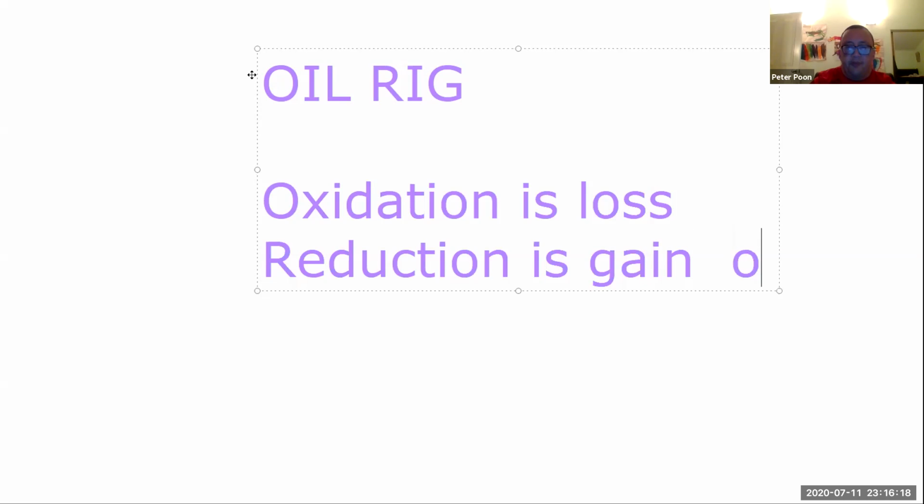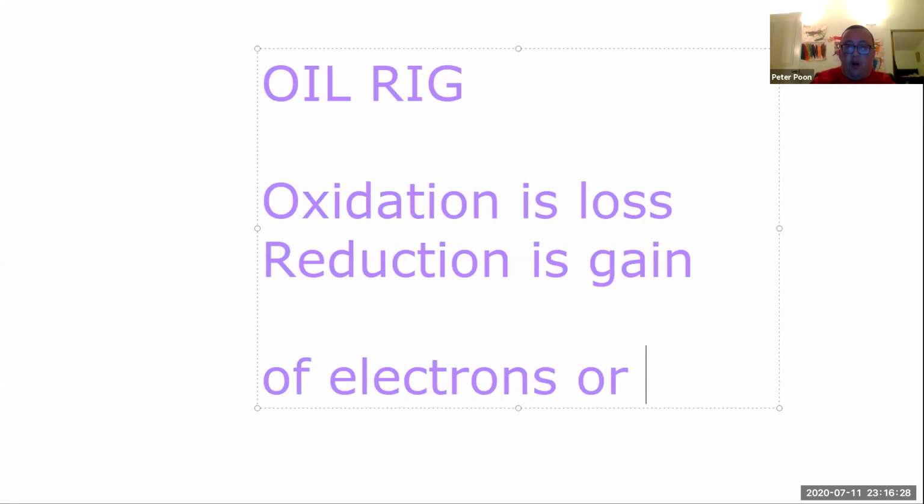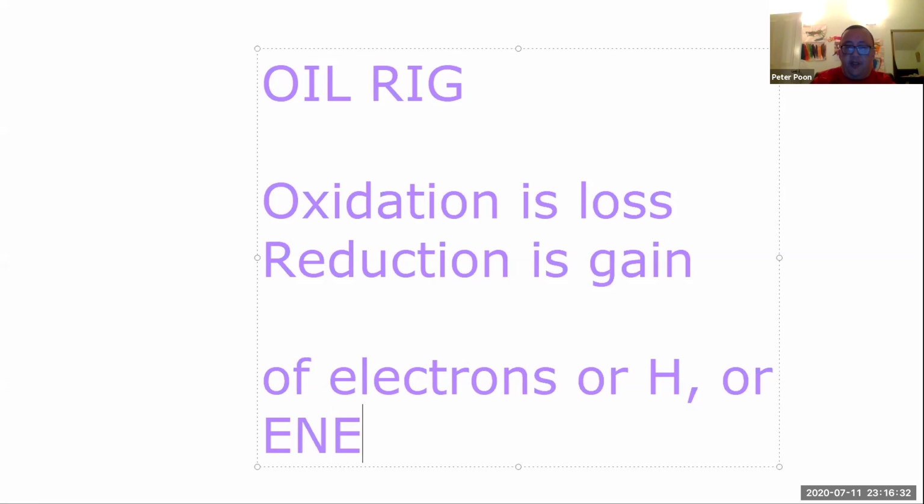Oxidation is a loss of electrons or hydrogens or energy. Reduction is a gain of electrons or hydrogen or energy.